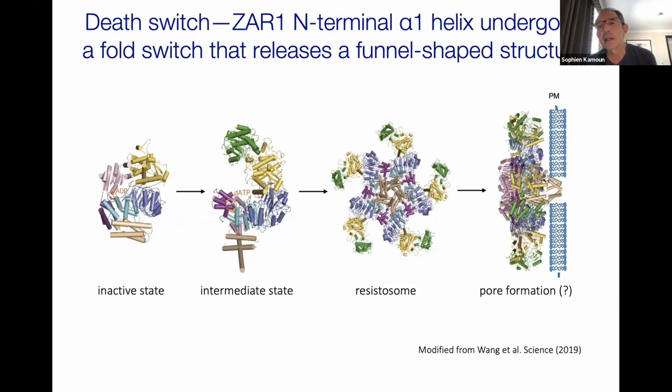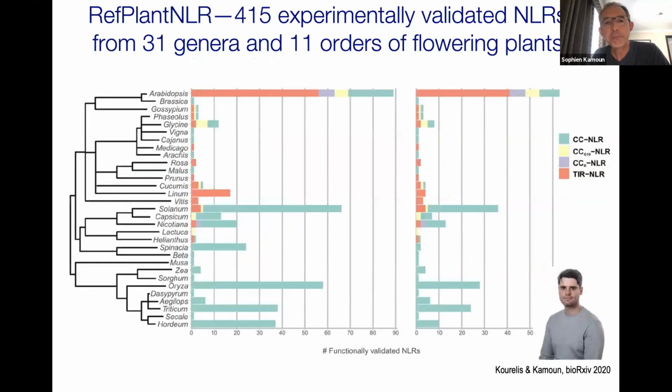This tunnel-like structure presumably, it's not fully understood yet, inserts into the plasma membrane and causes cell death directly. So it's not really a signaling pathway in the classical sense, but perhaps a direct perturbation through membrane perforation, a toxin-like activity by the ZAR1 resistosome that causes the hypersensitive cell death.